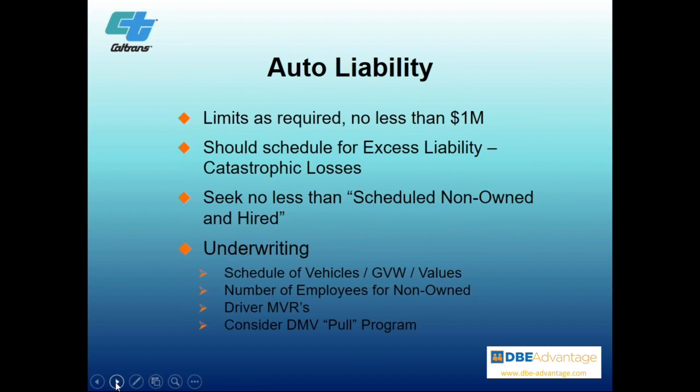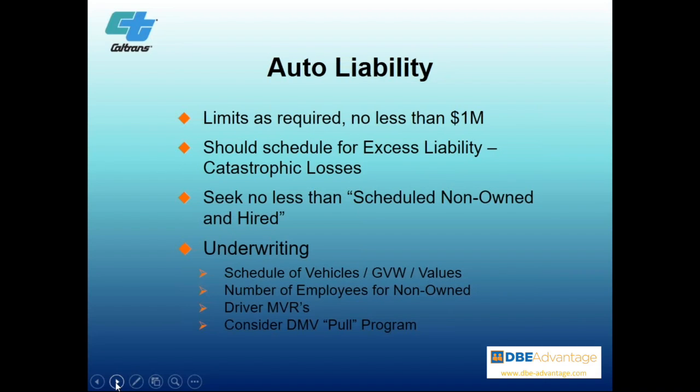Let's talk about auto liability. The limits required are no less than 1 million. Most policies are written in that regard. You should schedule the excess liability for catastrophic losses, yes, if that's something you feel necessary or is required by the company that's hiring you or the client, the builder.